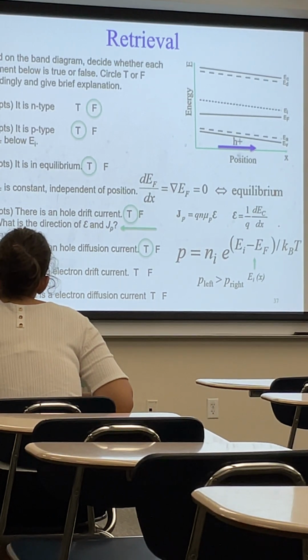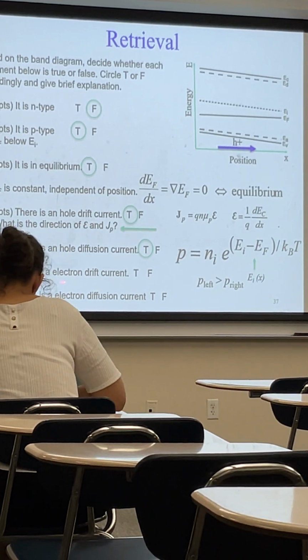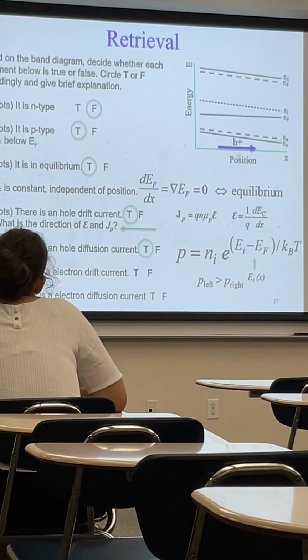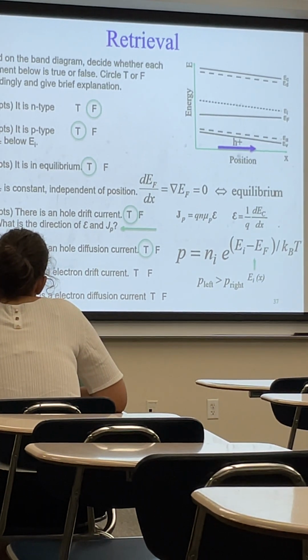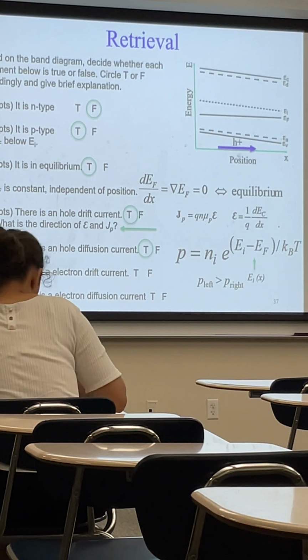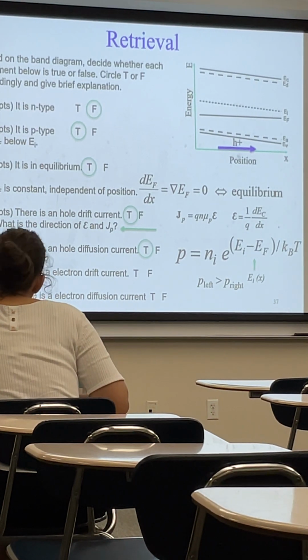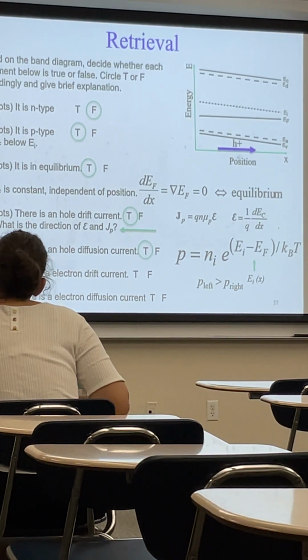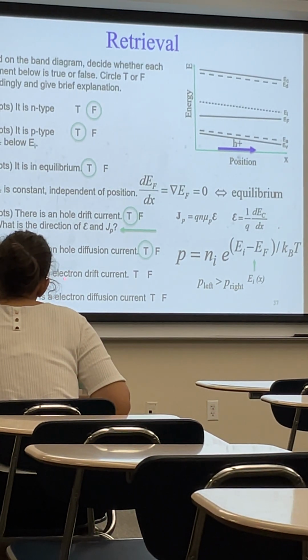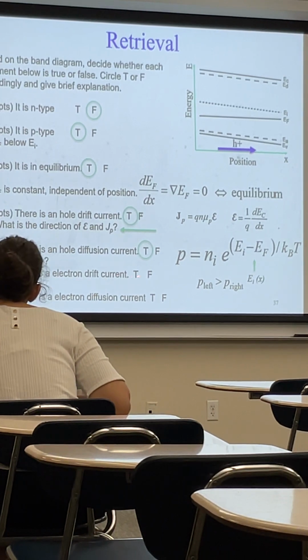Okay, next, is there an electron drift current? True or false? True, right. And what's the direction?